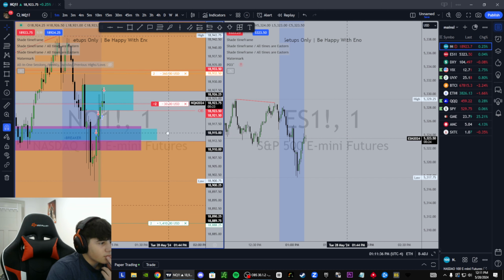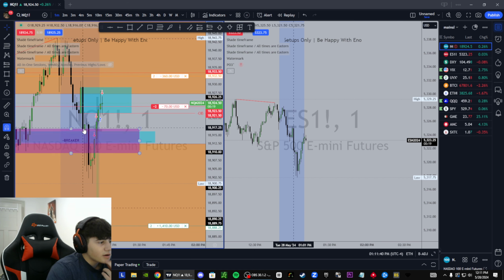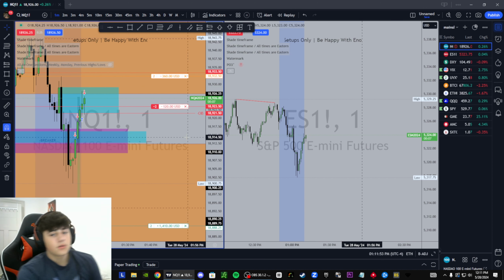I like this order block also because the candle shot down and then came back up to close the fair value gap, so that it wouldn't have to retrace after breaking this liquidity, even though it should.